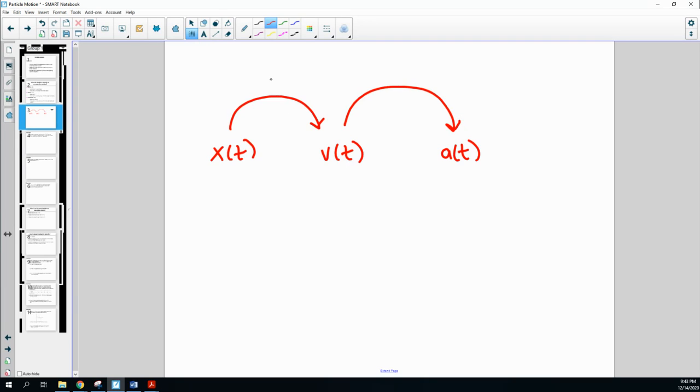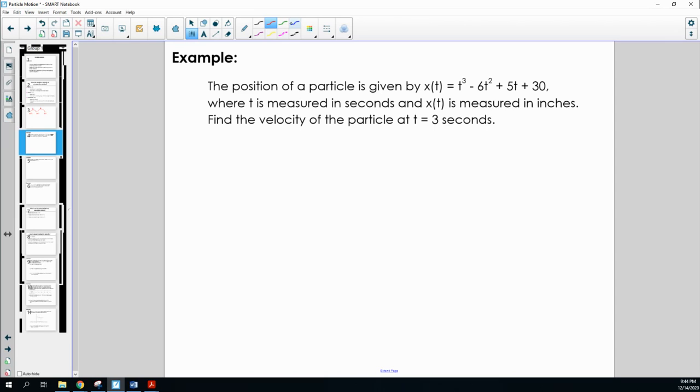And the way that we go from one to the other is by taking the derivative. So I'm going to put d over dt since this is going to be in terms of time. Okay, so we know the top half of this. We'll figure out the bottom half in a later lesson, but this will maybe help you figure out where they are. So it's position, velocity, acceleration, and you go from one to the other by taking the derivative.